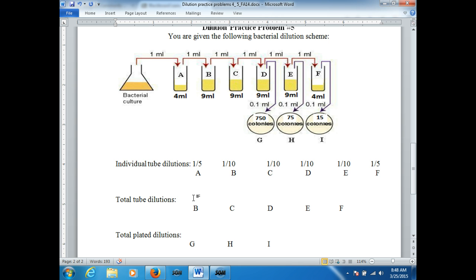So B is a combination of A and B, so when we multiply those two, 5 times 10 is 50. And then C is a combination of A, B, and C, but we already have A and B combined, so now we just have to multiply in C, which is multiplying by 10, so we have 1 over 500.